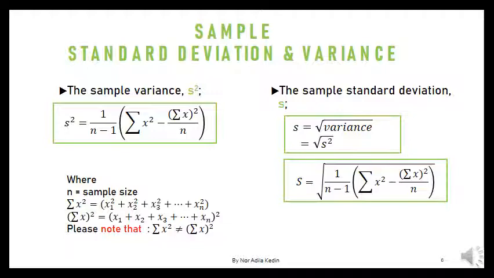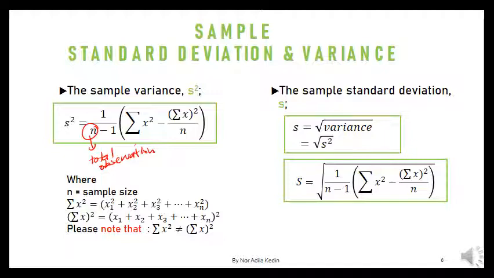So awak boleh refer sajalah. Okay, so now untuk variance, sample kita pakai S squared adalah 1 per N tolak 1. N ni apa? N ini adalah total observation. Ada berapa bilangan observation awak? X squared adalah X kuasa 2.